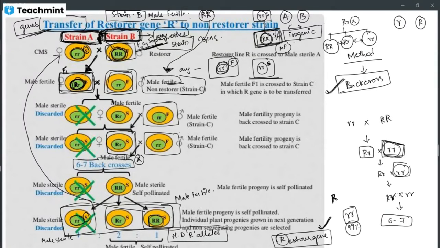Okay, so just think, whatever strain it might be, even if you have a strain where the cytoplasm is sterile, can you cross with these two?